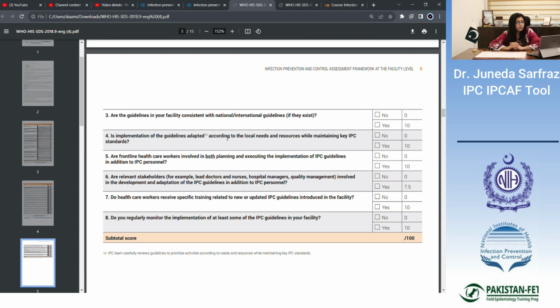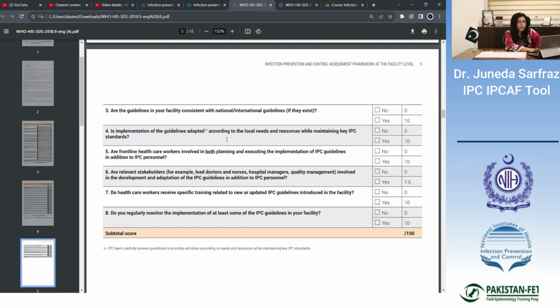Do healthcare workers receive special training, and do you regularly monitor the implementation of at least some of the IPC guidelines in your facility? If, like I said, all this is yes, then you can score a 10 or a 7.5, the highest. If it is not, then you might as well score a 0. Again, the subtotal is out of 100, but why is it a subtotal? Because it is one component only.